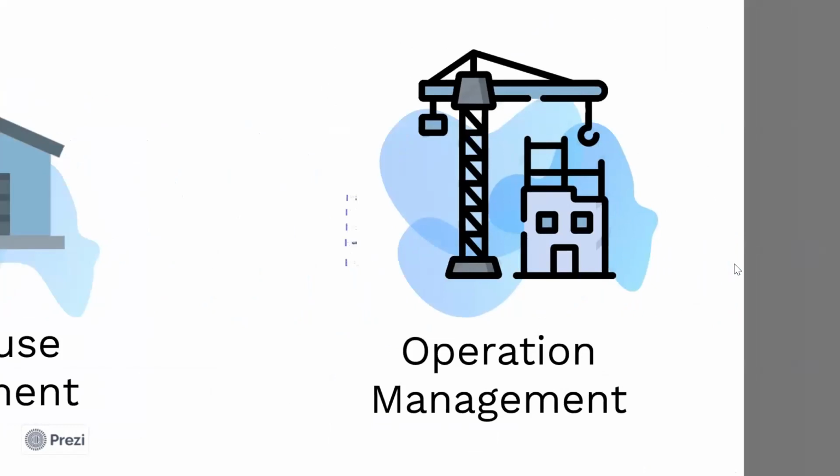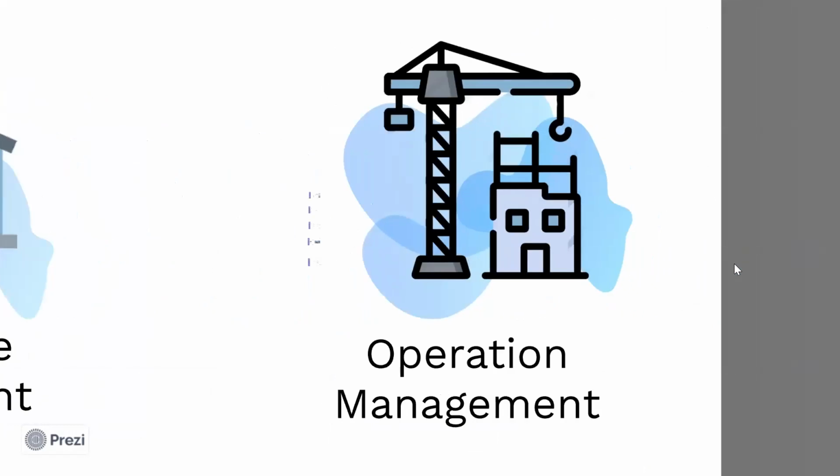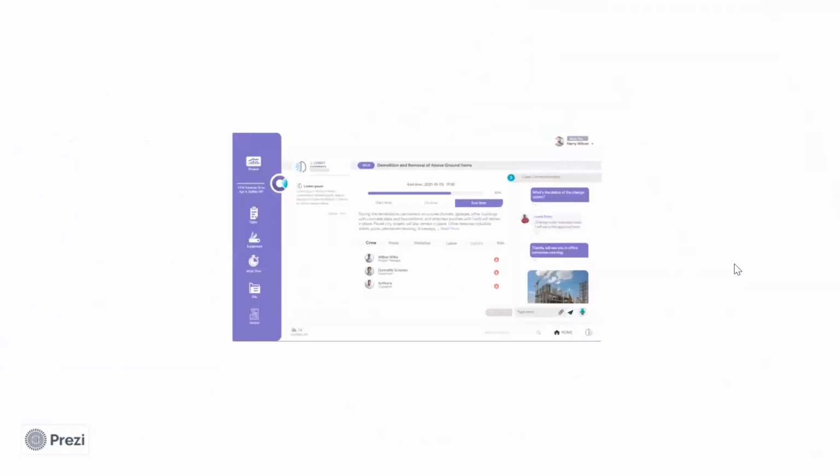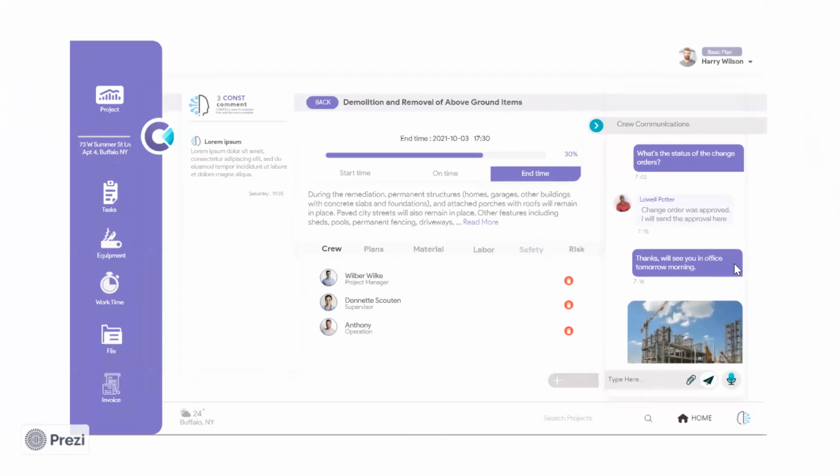The same thing for operation management. So first of all, what you see in the market is passive project tracking, meaning that you just take note of what is going on right now.